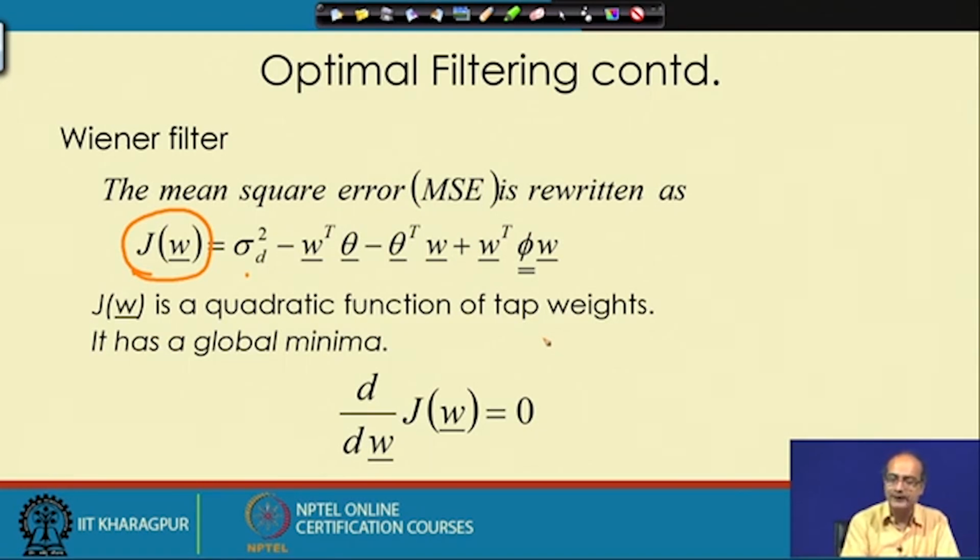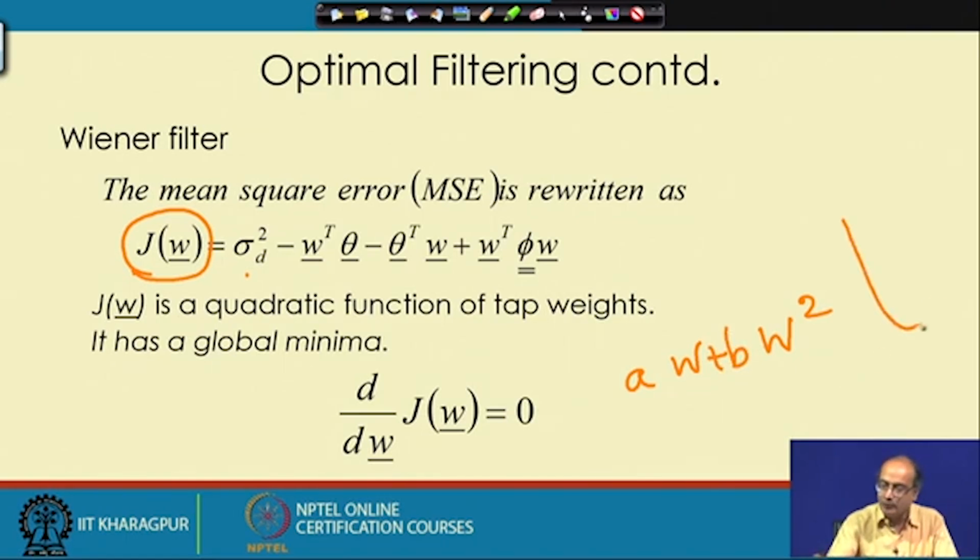If the tap weight dimension is 1, it involves only, say, W squared, and W also could be there. So it is a function of the form A W plus B W squared. It would be a parabolic function, a parabola and a straight line, a combination of that.